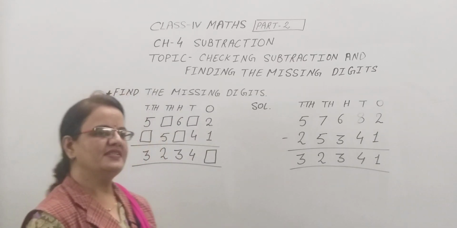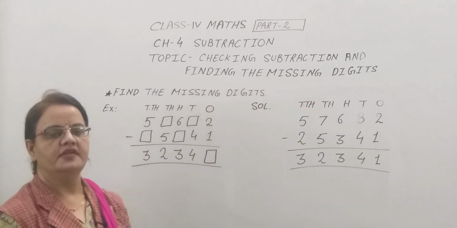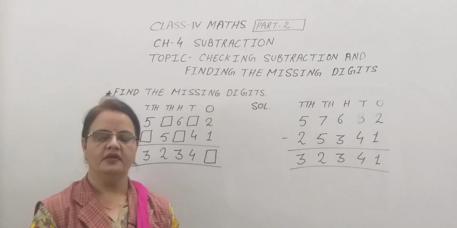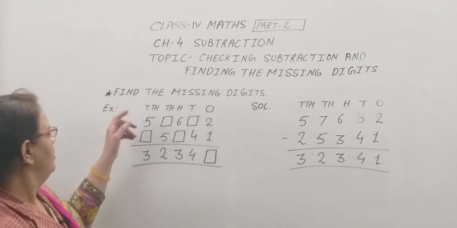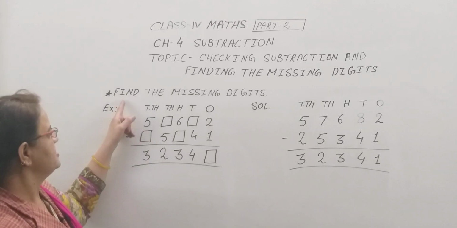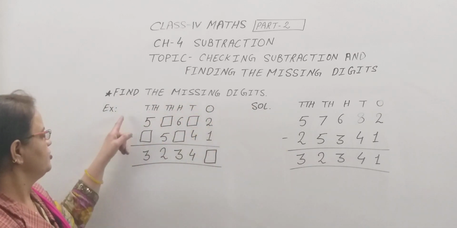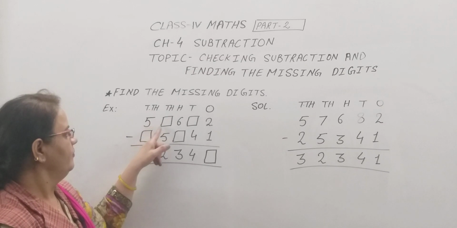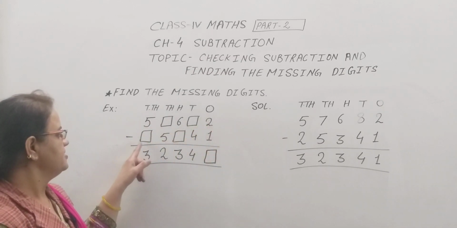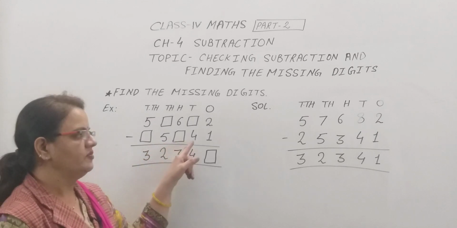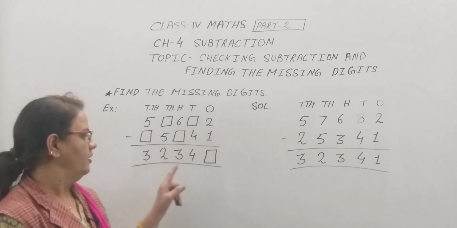So, our next topic is finding the missing digits. Yes students, now we will take another example. For example, our question is 5 dash 6 dash 2 minus dash 5 dash 4 and 1.